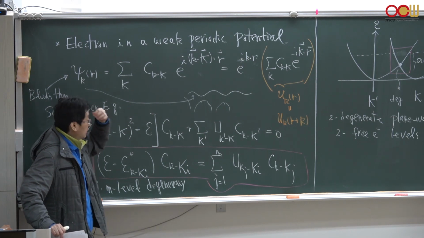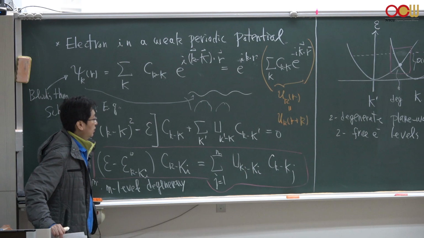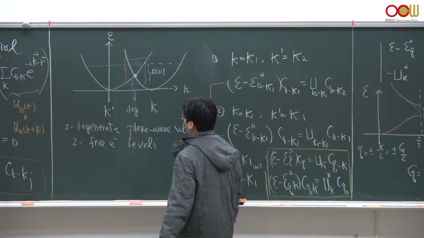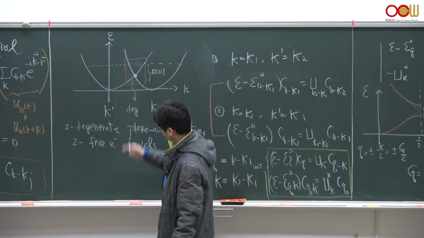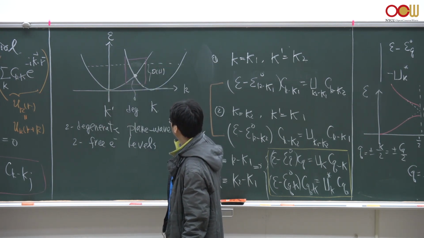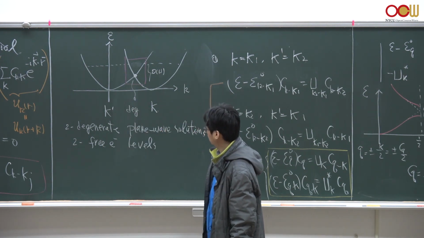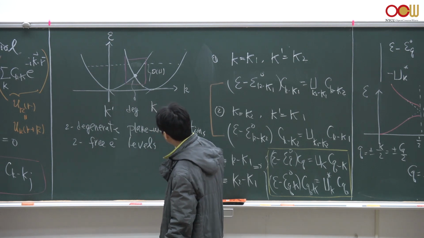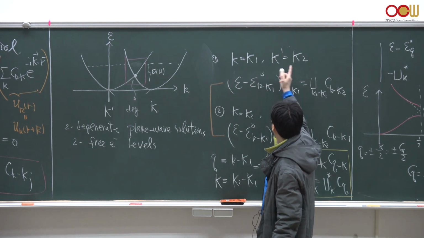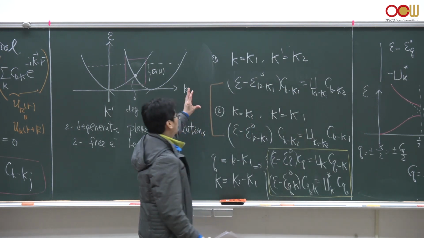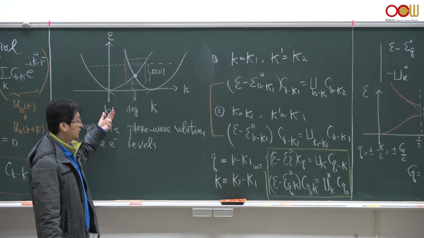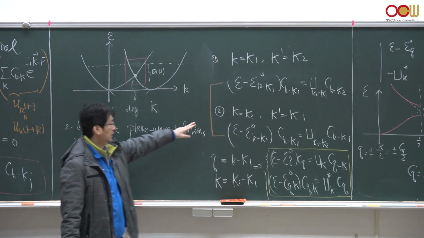In particular, we could just look at two free electron levels which are almost degenerate as plane wave solutions like this, and these two electrons show dispersion relations of quadratic form, but they are shifted by this reciprocal lattice vector capital K. We could study two different cases: when k equals k1 and k prime is equal to k2, or vice versa, when capital K is k2 and k prime is k1.